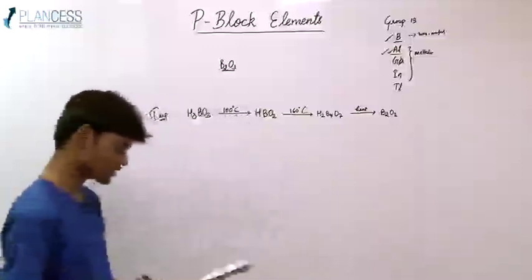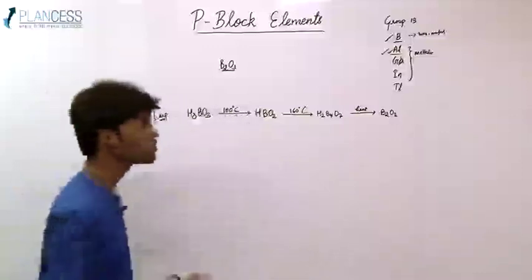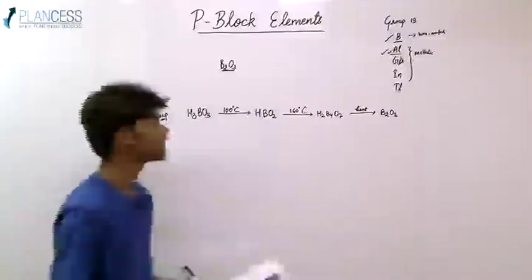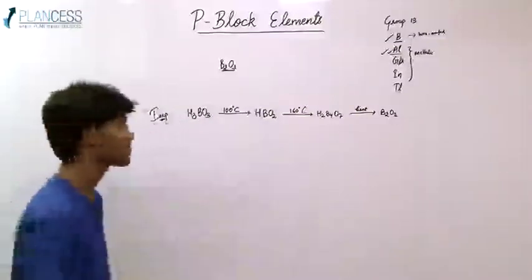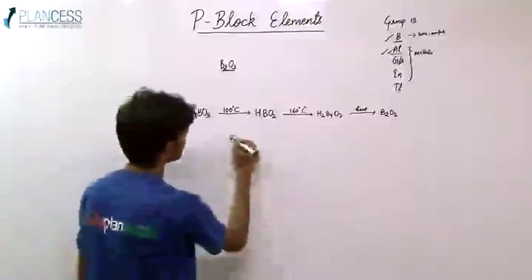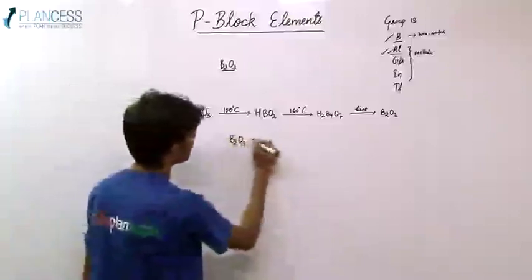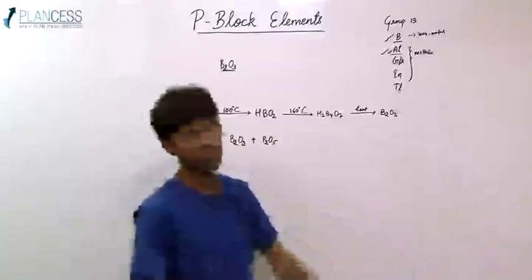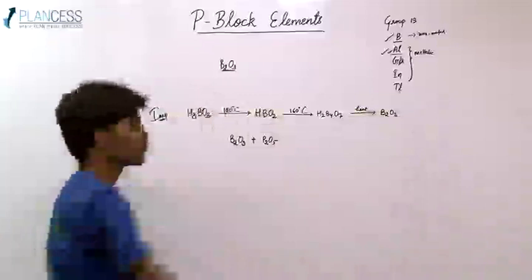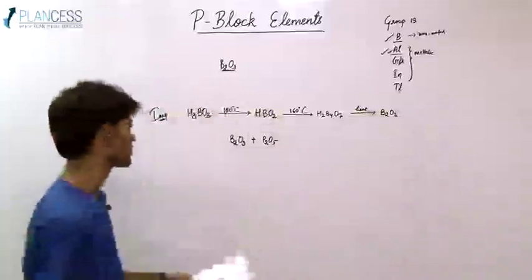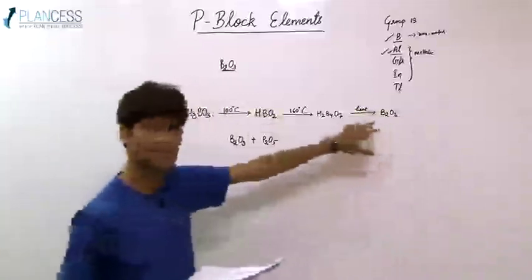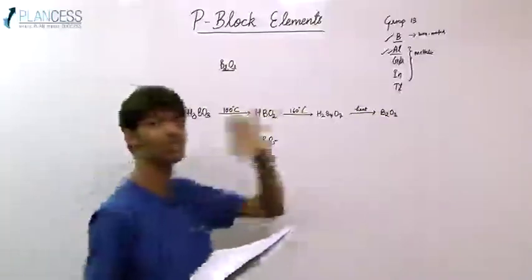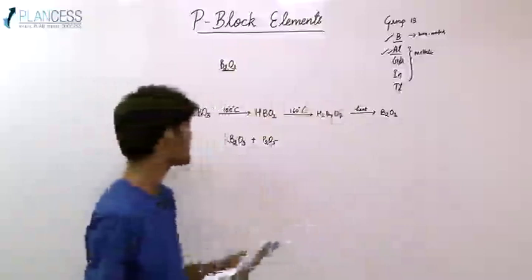Now this was about B2O3. B2O3, as you know, is acidic in nature, but it can also show weakly basic properties. B2O3 reacts with P2O5. Predominantly it is acidic in nature, as it is the anhydride of boric acid, but with some very strong acids it can show basic character also.